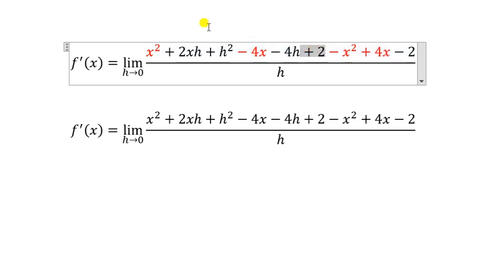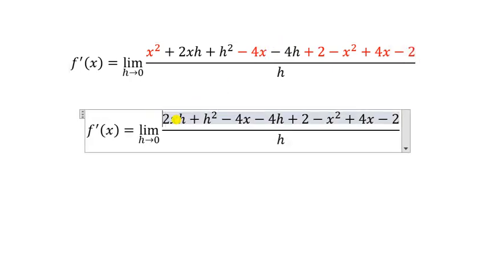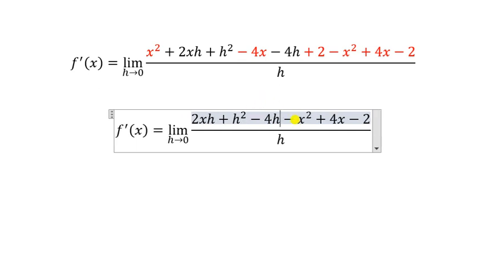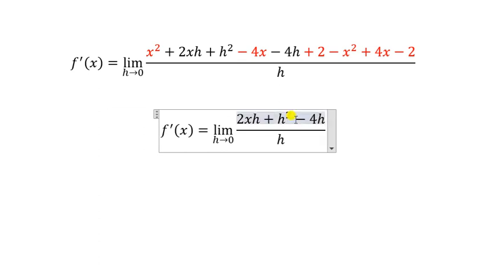This plus 2 gets cancelled with this minus 2, because 2 minus 2 is 0. So in the end, we end up with 2xh plus h squared minus 4h, right? And that will be it, because all of these will get cancelled. So 2xh plus h squared minus 4h. This is what we end up with.